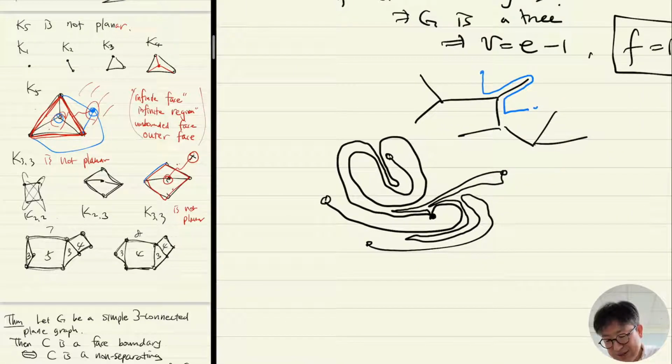This doesn't look like a tree, but it is a tree. And then you have 2 points on the plane, let's say here. Now we need to prove that there is a curve connecting these two blue points, because this is an embedding of a tree.